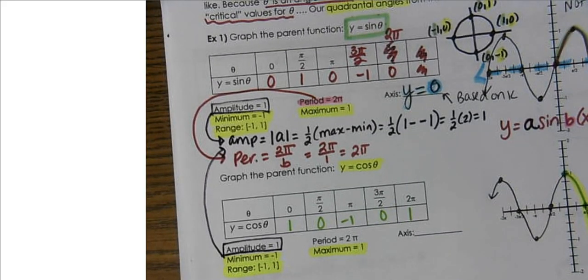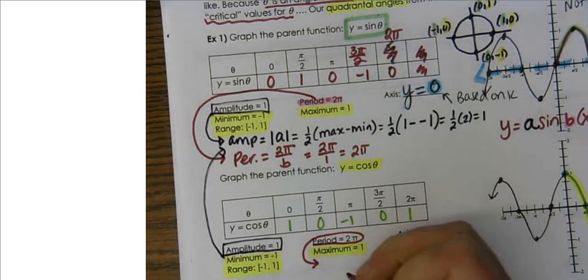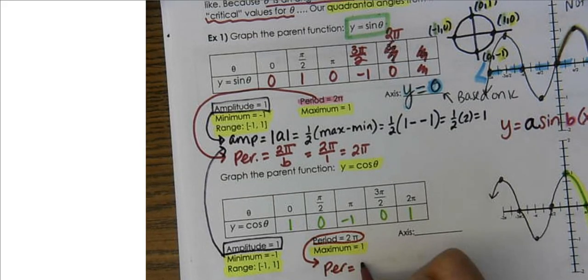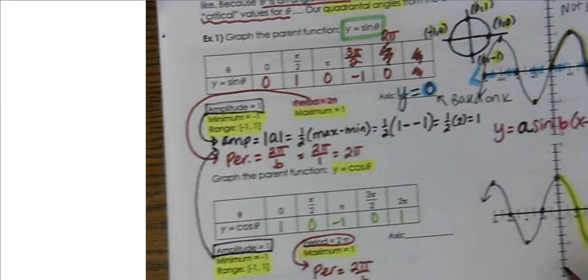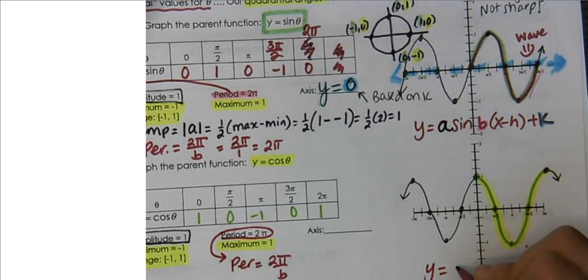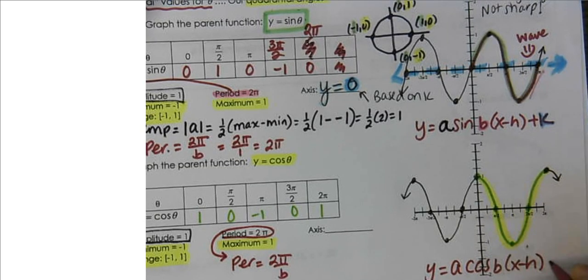When it comes to period, our period for a cosine function is still going to be 2 pi, and that is because period, once again, is 2 pi divided by our b value. So I want to bring to your attention that when I talk about a's and b's, I am referring to the general function of y is equal to a times the cosine of b times x minus h plus k.